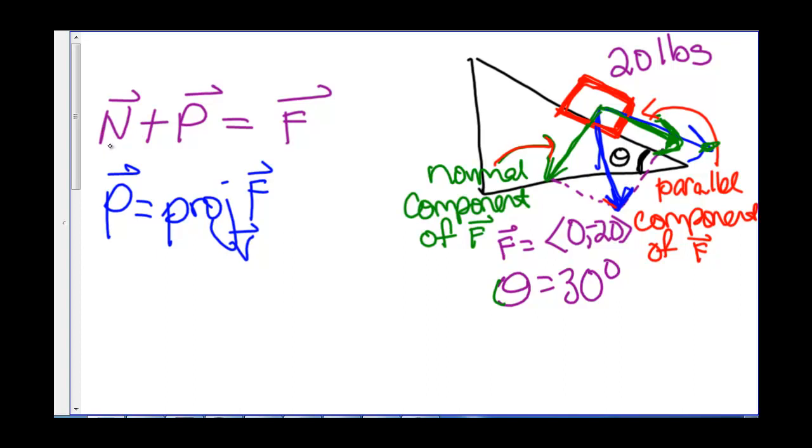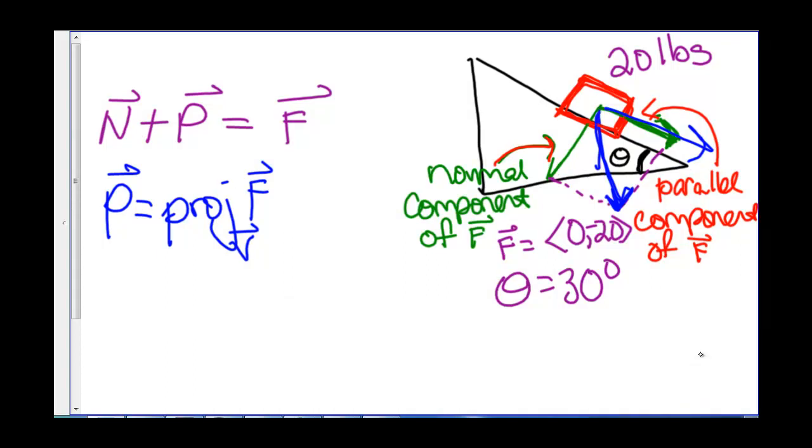So if we call our normal component n and our parallel component p, n plus p equals F. At the same time, we notice that we have this perpendicular here, so our parallel component is the projection of F onto a vector v, where this vector v is the vector going down the plane.